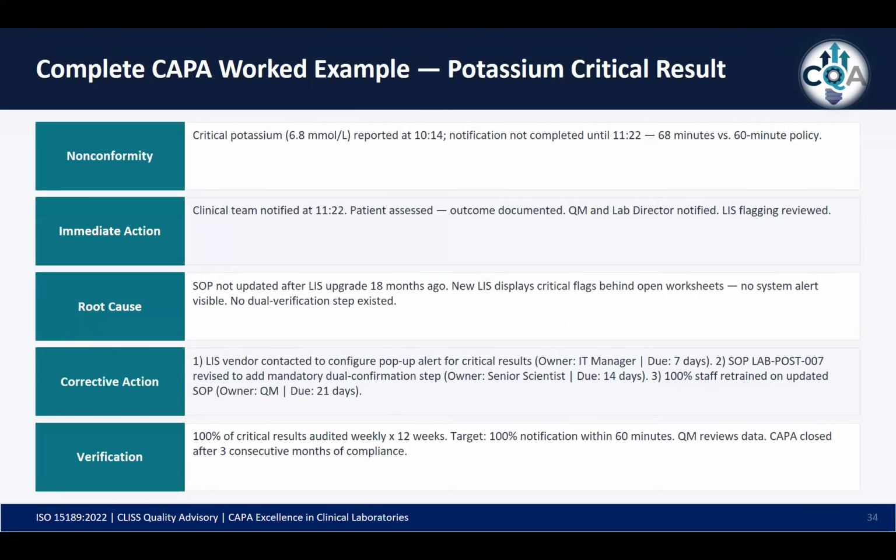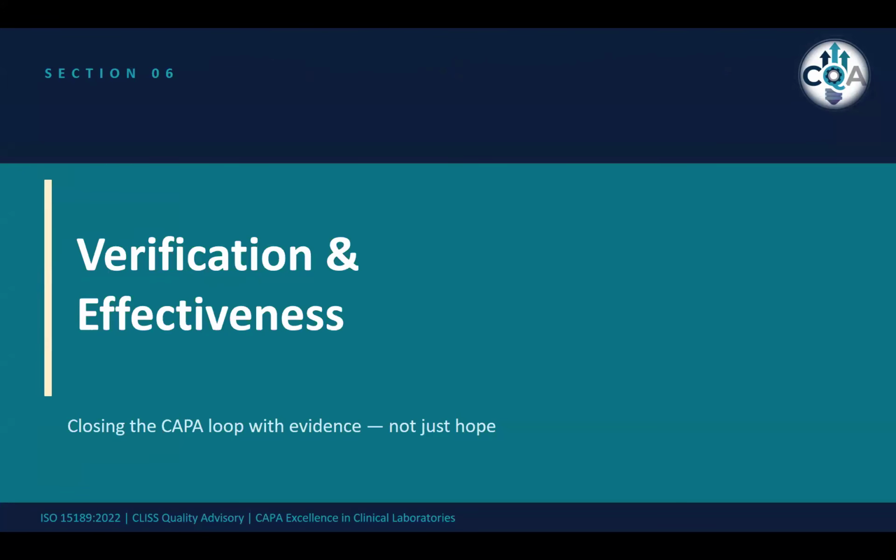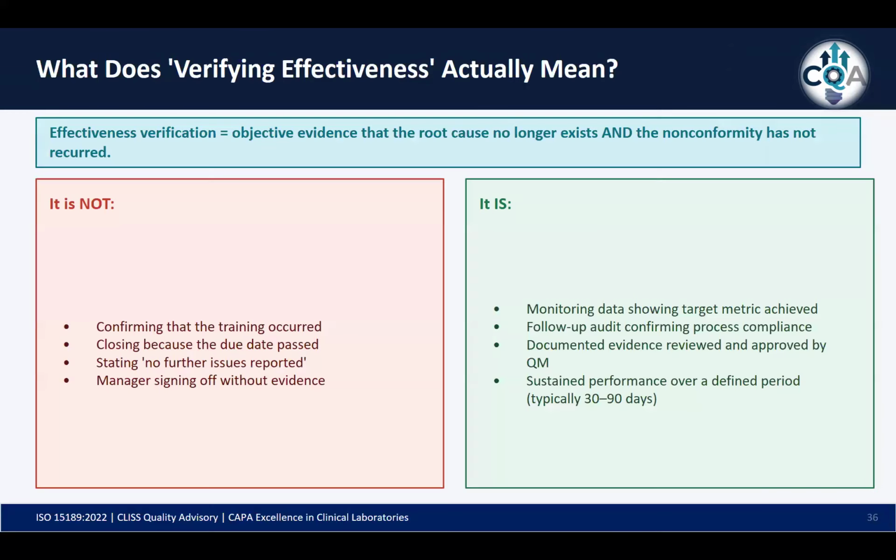Okay, so here we have a complete worked example of a potassium critical result non-conformity that was raised. For the sake of time, we'll share the slides with you and you'll go through this for your training purposes. Okay, let's look at verification of effectiveness.